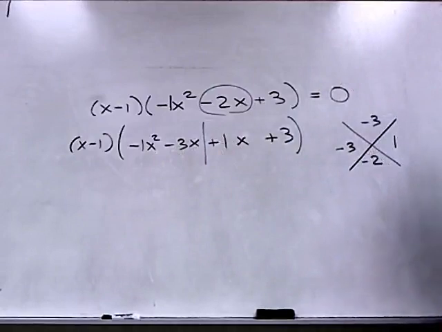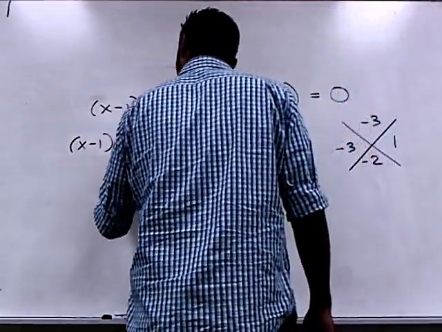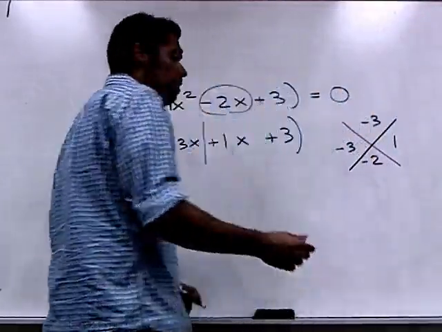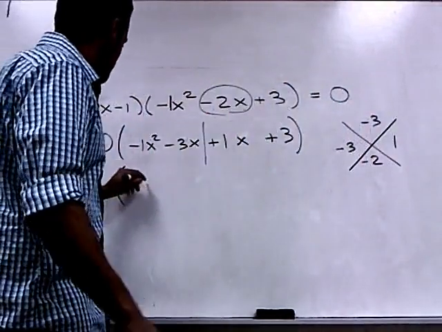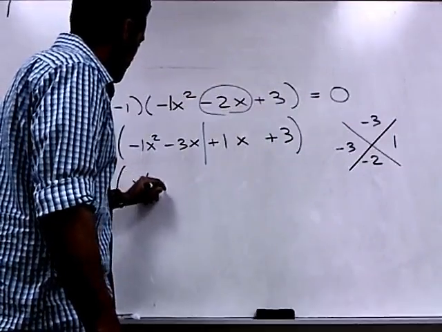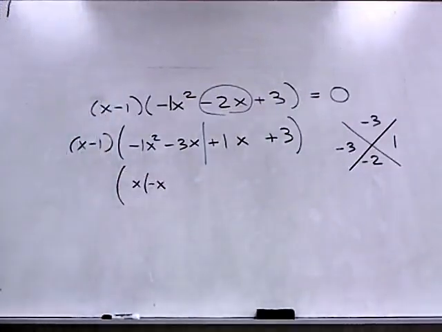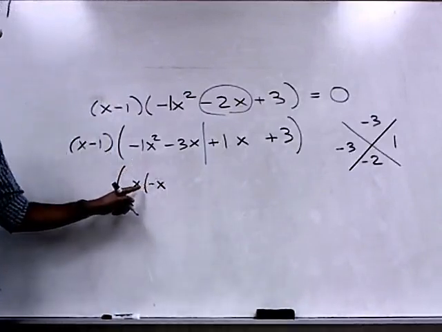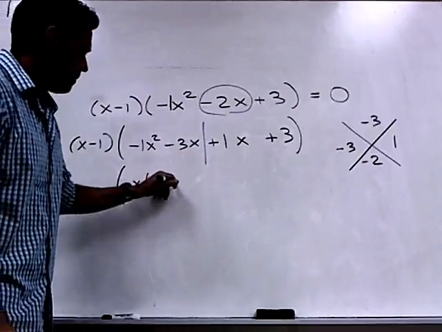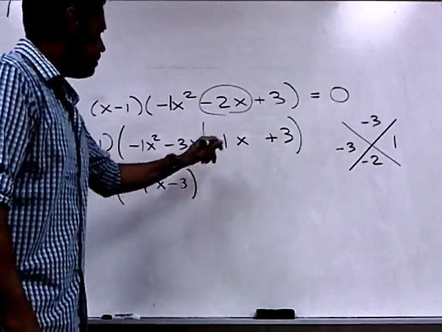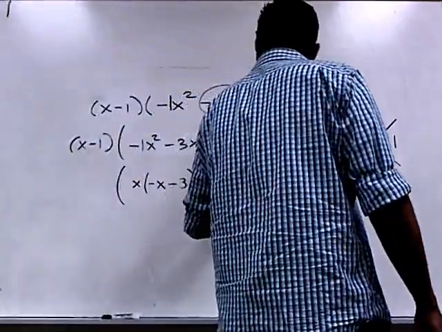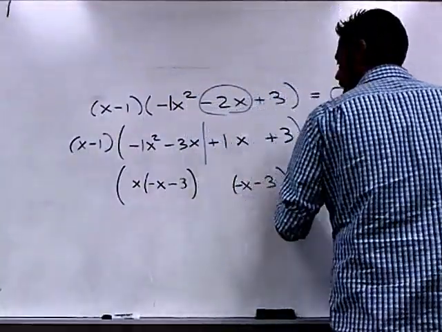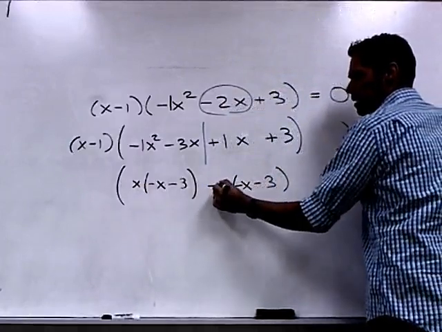Okay. So what can I pull out of the first two terms here? I pull out an x, right? I could also pull out a what? -x, right? Either way. So I'm going to pull an x out because that's what the first thing people said. I'm left with -x. What else is still in there? I'd still have -3, right? And then over here, to make this one match to a -x minus 3, I would need to pull what out? -1.